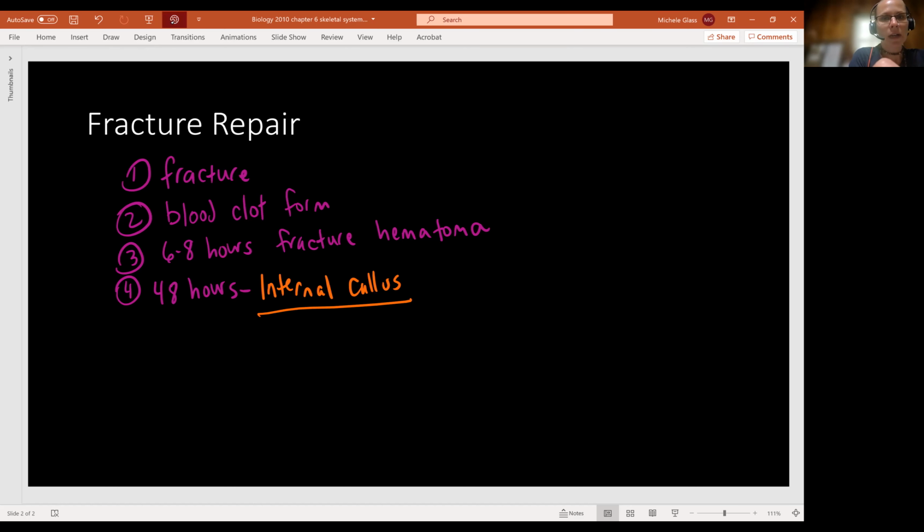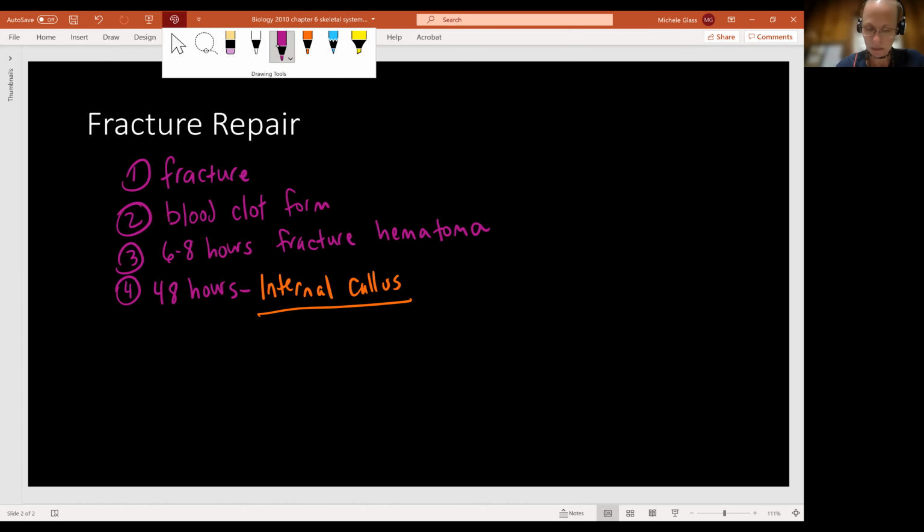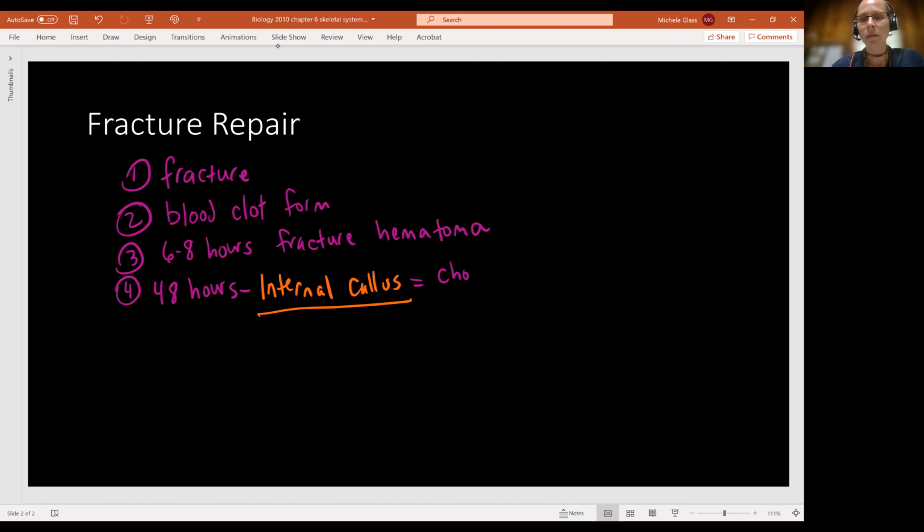So the internal callus is forming, and what we see is that the internal callus is formed from the chondrocytes from the endosteum. So the endosteum, the innermost or deep part of the bone, is going to secrete what's called a fibrocartilaginous matrix.